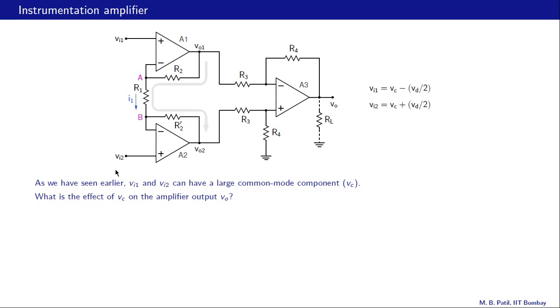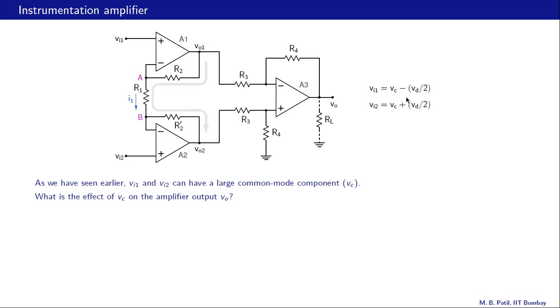Now let us look at the other important issue, that is the performance of the instrumentation amplifier with respect to common mode input voltages. As we have seen before, Vi1 and Vi2 can have a large common mode component.